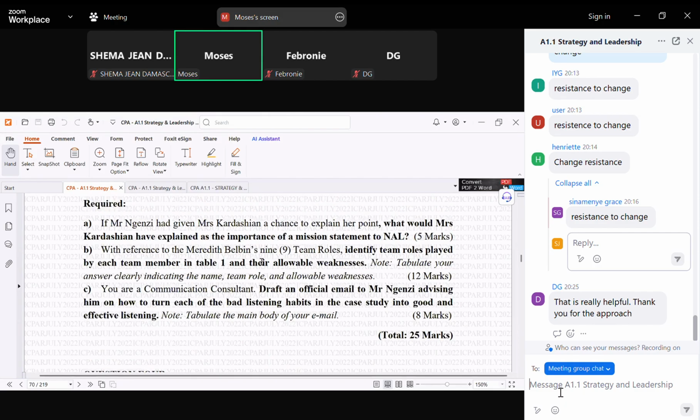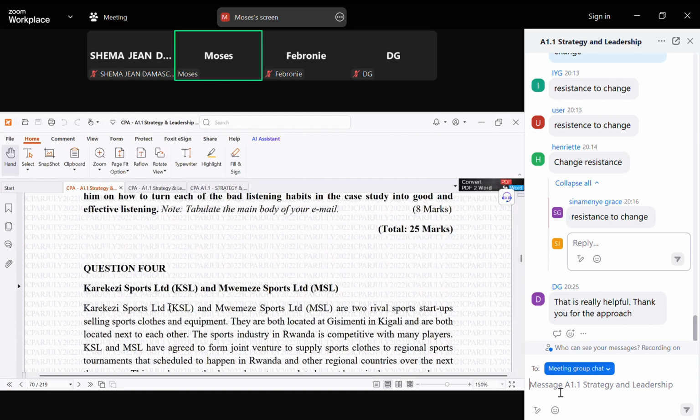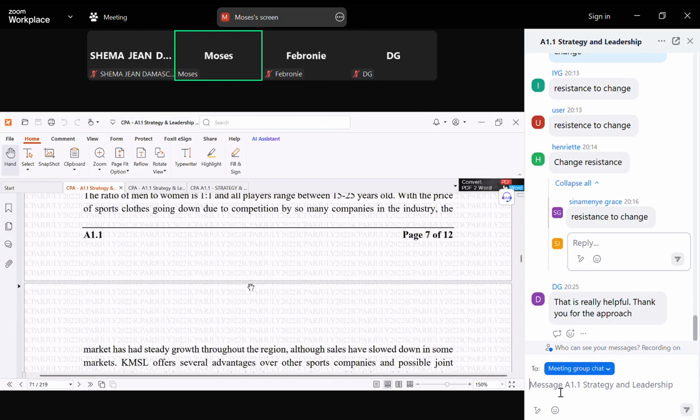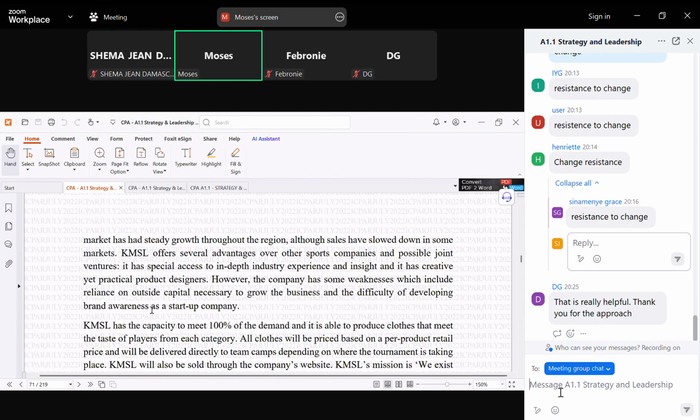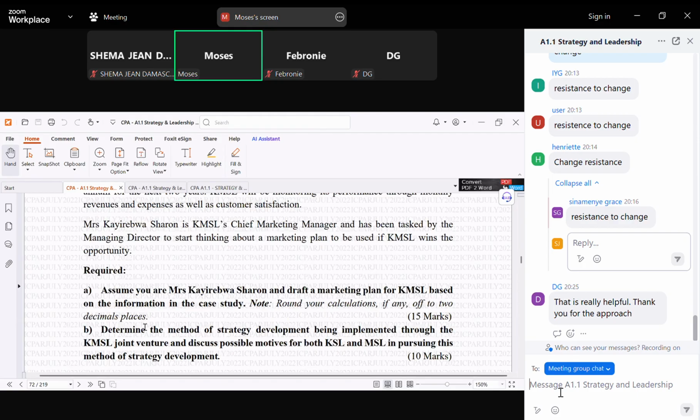And then part B says identify. And then C says draft. Question 4, part A says draft. Part B says determine and discuss.